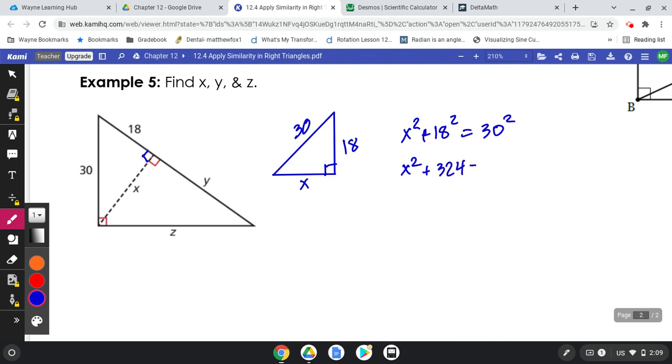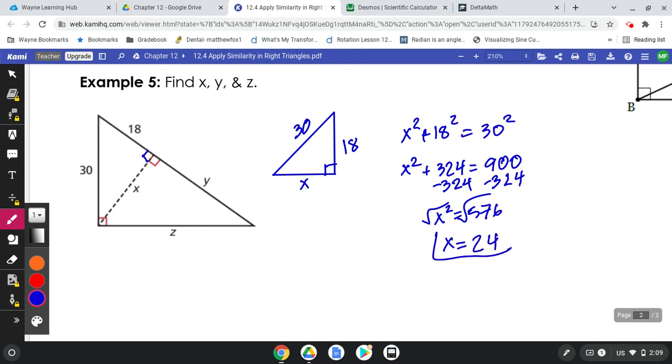Get 324 and 900. Subtract that 324. Take the square root of both of those. Square root of 576 equals 24.